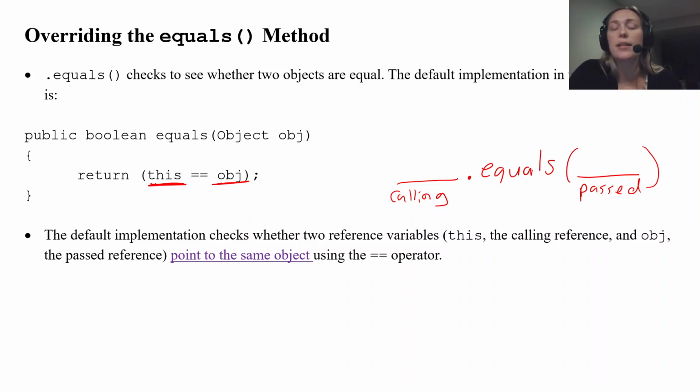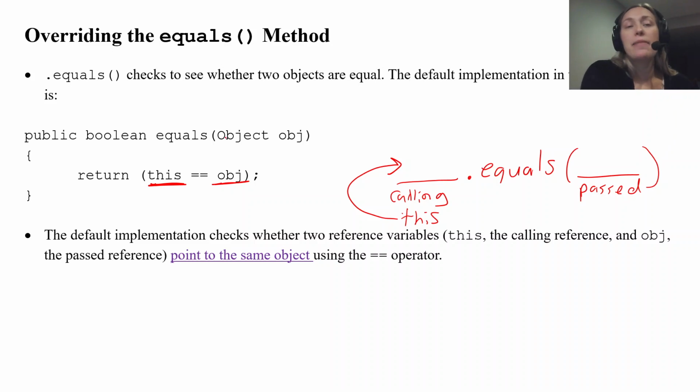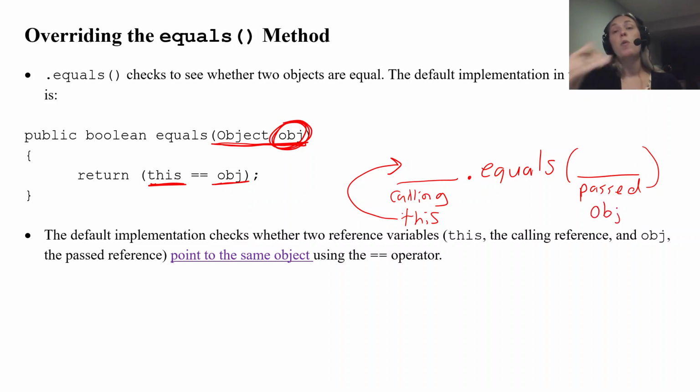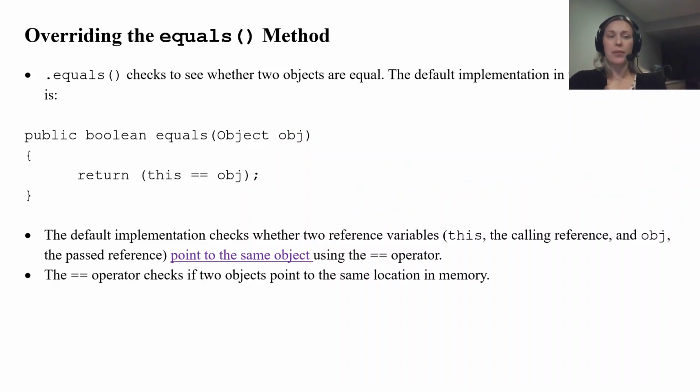So we have the calling and the passed. Whenever we use the this keyword, we are referring to this reference's data, whatever that may be. And in our method, whatever we call the parameter, in this case obj, that's referring to our passed data. What is passed in? So we have calling and passed.